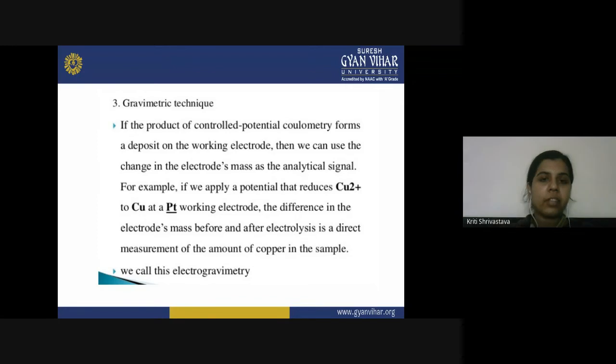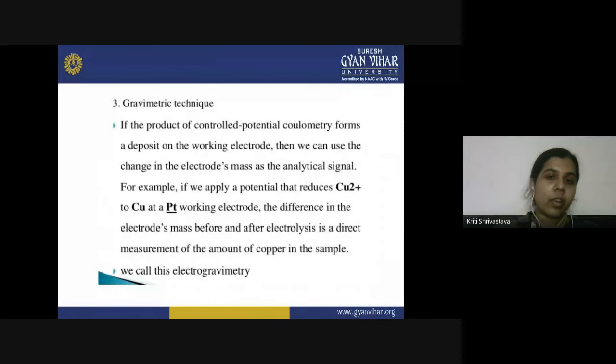If the product of the controlled potential coulometry forms a deposit on the working electrode, as in the reaction we just saw, where copper two plus is converted into solid copper. So what will happen when the reduction of the copper takes place? It will convert itself into solid copper. When such a deposition is taking place on the working electrode, the mass that is collected on the electrode we can use as an analytical signal.